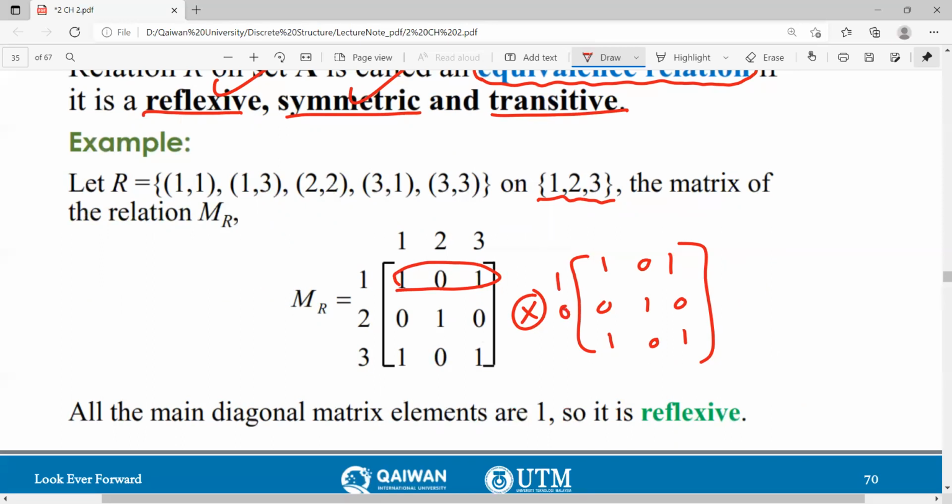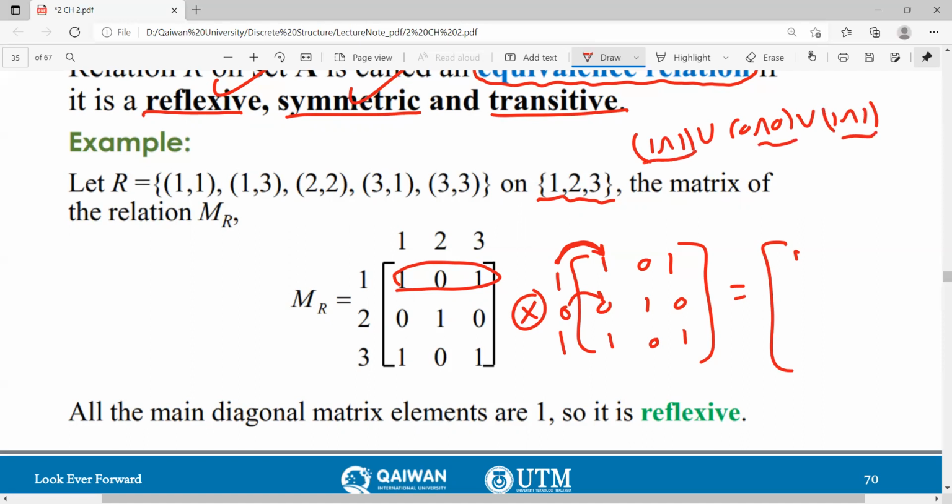For the first row, 1, 0, 1: 1 and 1 is 1. So the result is 1 also, because at least one of the results is 1.